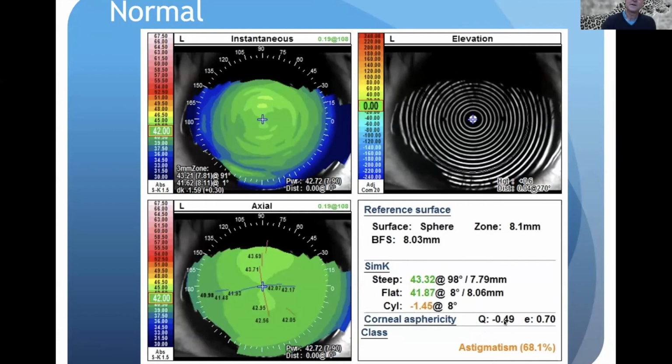It's got a Q factor put in there. It also characterizes the cornea for us with some artificial intelligence, this one telling us that there's a high probability that this patient simply has astigmatism, and in fact it's with the rule astigmatism.